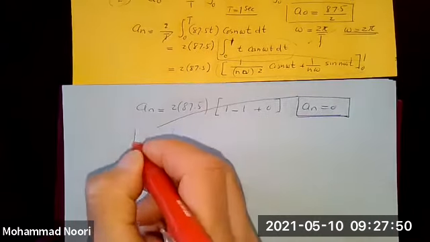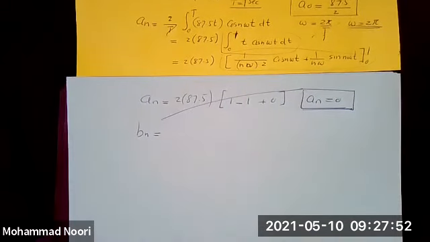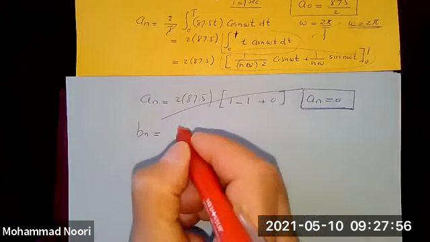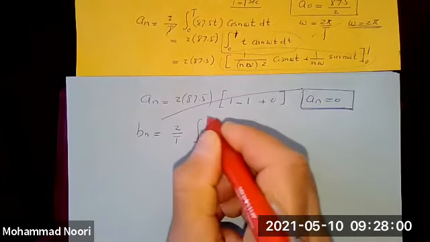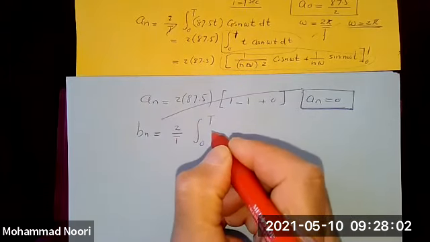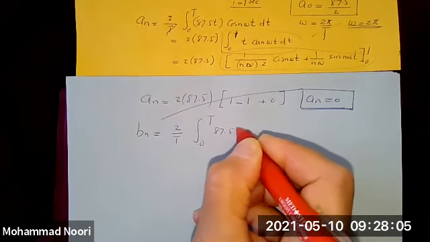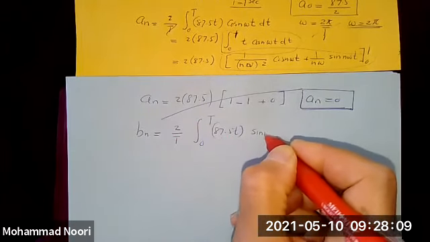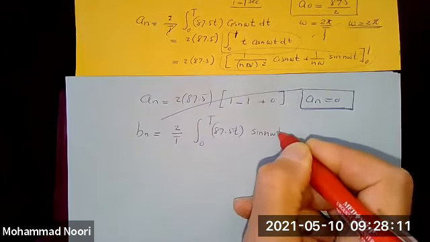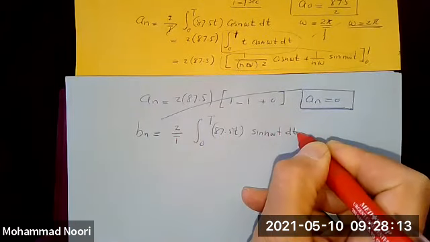Now, the last Fourier coefficient is b_n. And b_n was 2 over T, the integral from 0 to T of f of t sine n omega t dt.